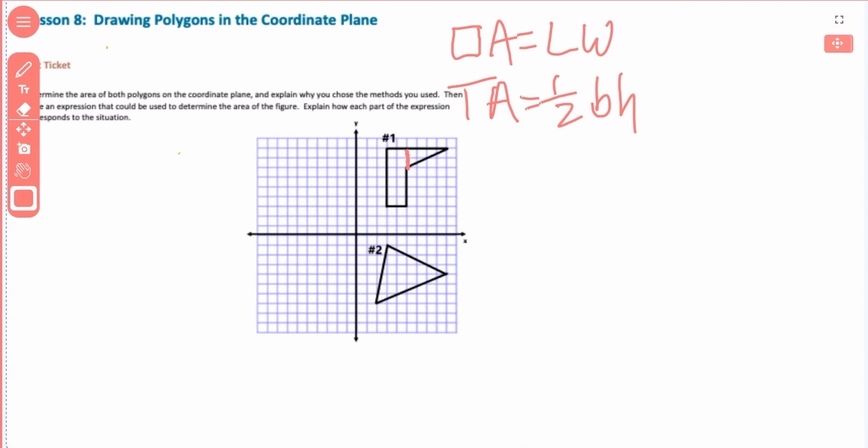So, can you tell me what the height of the triangle is? Not of the triangle.